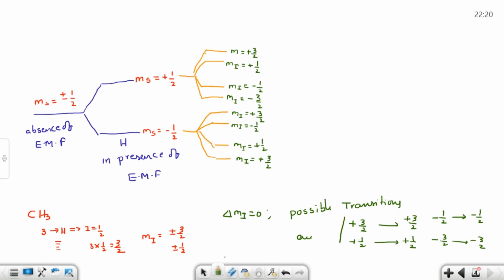These are the 4 possible transitions observed for the methyl radical.